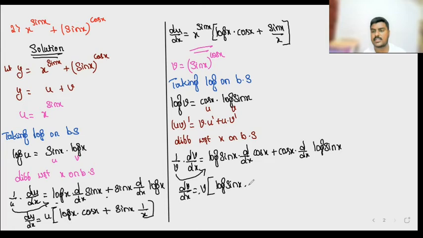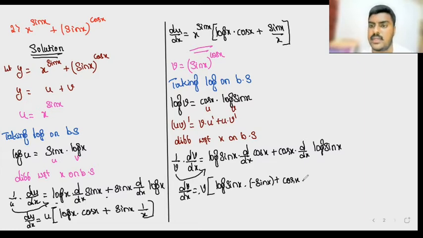into d by dx cos x, what will come here, so minus sin x, yes or no, dear students, plus cos x you should keep here, into d by dx log x, we know the formula, that is 1 by x.